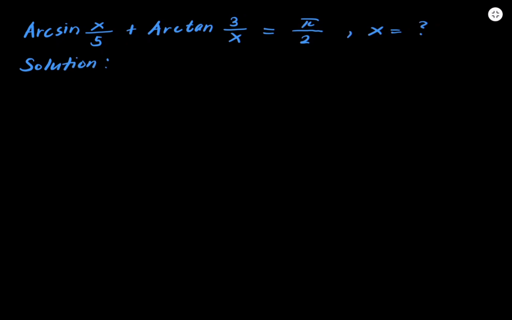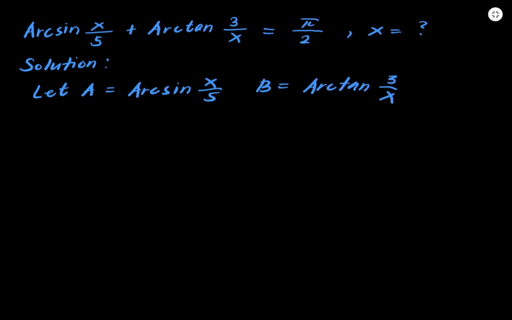Now, to solve this inverse trigonometric equation, we need to let A be equal to the arc sine of x over 5 and let B be equal to the arc tangent of 3 over x. Now, let us rewrite the given equation.